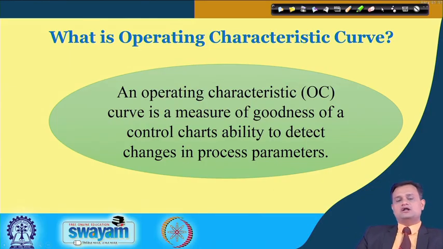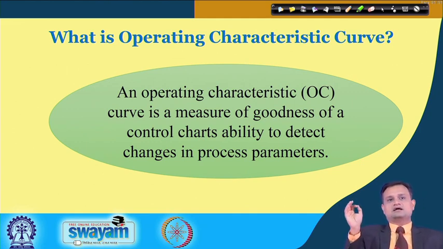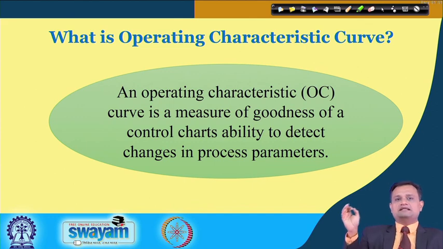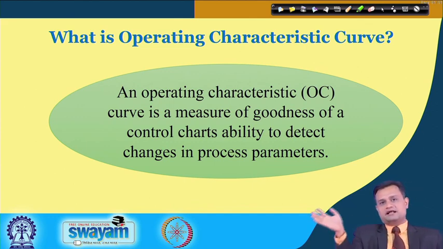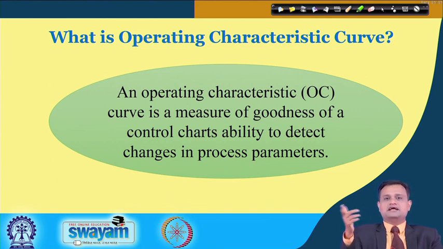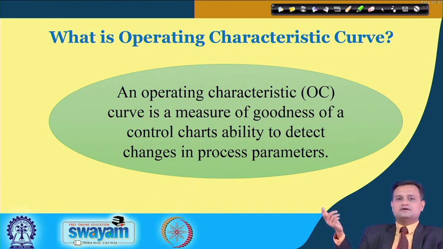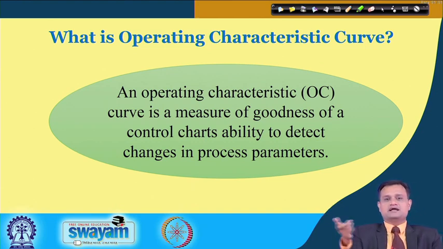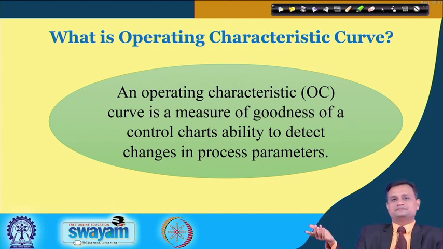So OC curve, an operating characteristic curve, is a measure of goodness of a control chart ability to detect changes in the process parameter. You have a gun, but it cannot fire. You have a sword, it cannot be operated. It is blunt. You have a knife, it cannot cut.